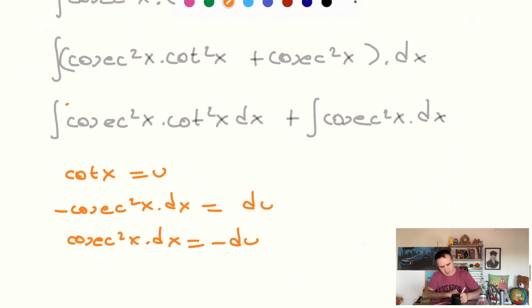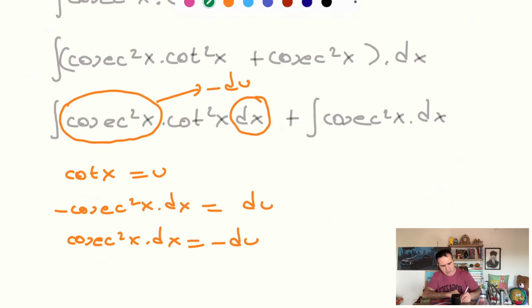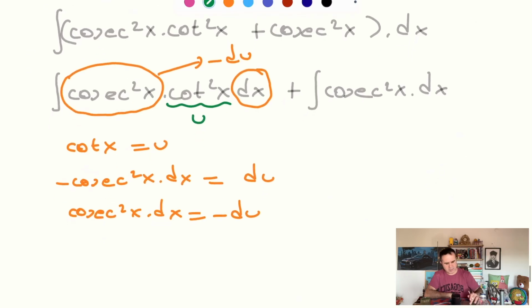Now in this integral we will say that cosecant square of x dx is minus du, and we will write u instead of cotangent x.